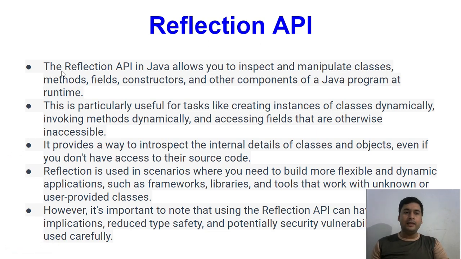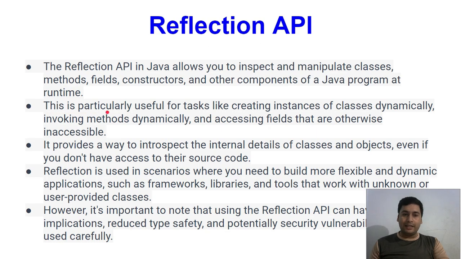So basically, the reflection API in Java allows you to inspect and manipulate the classes, methods, fields, constructors and other components of the Java program at runtime, not compile time, at runtime.